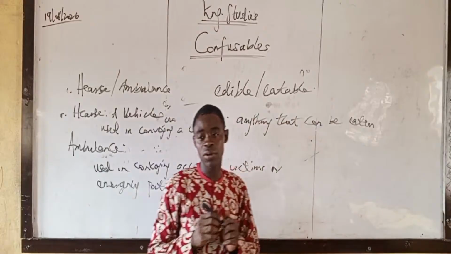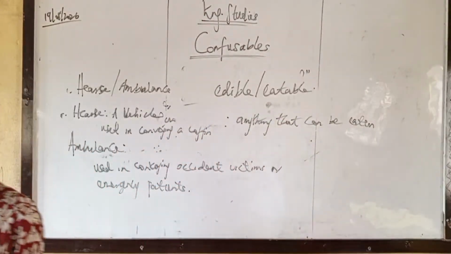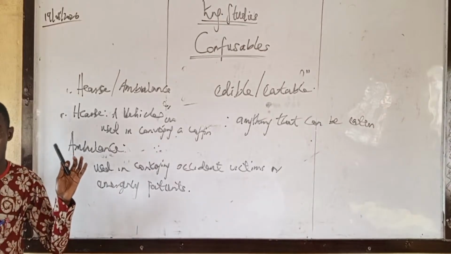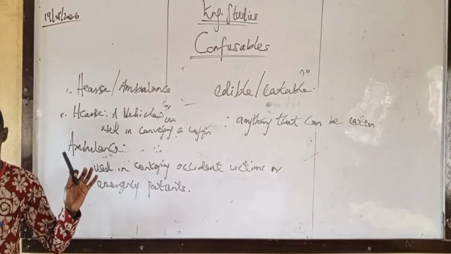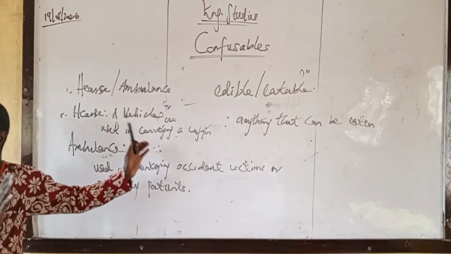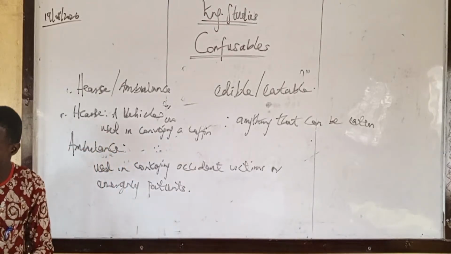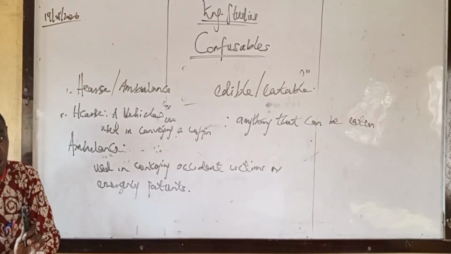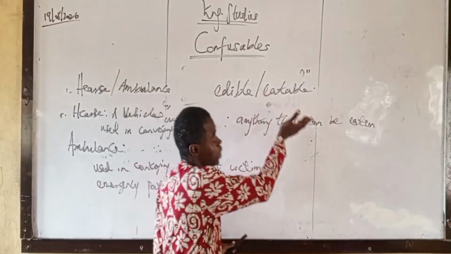When I say eatable, it can be eaten. Invariably, it is food. I'll call it cosmetic, if you want to. Once you can put it through your mouth, you chew it, and there's no problem, you can say it's edible or eatable.